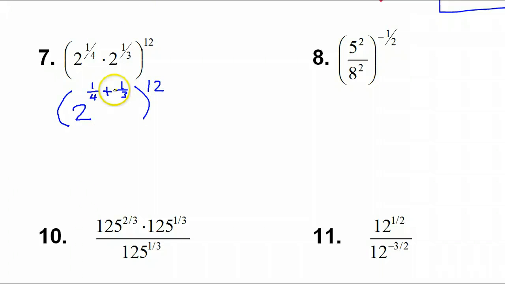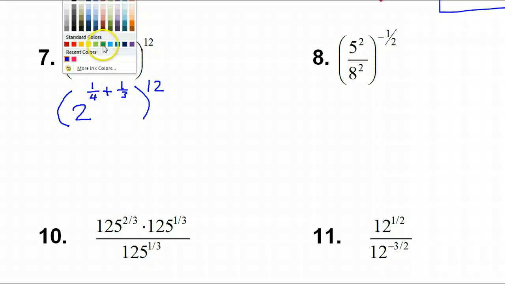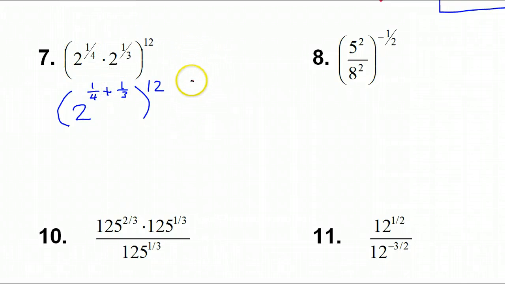So look, I'm going to do this addition off to the side so we can all see what's going on. If I do 1/4 plus 1/3, I need those denominators to be the same. So here, if I multiply this by 3, I'll get 12.